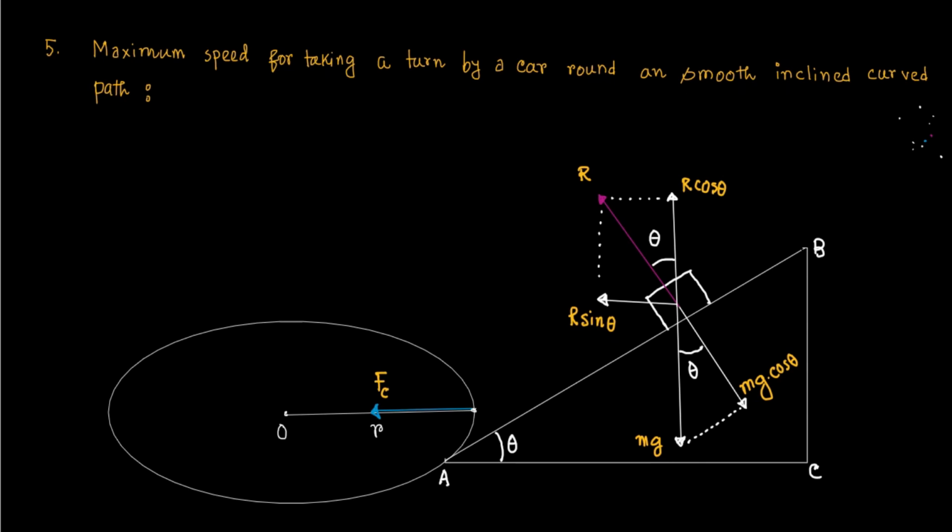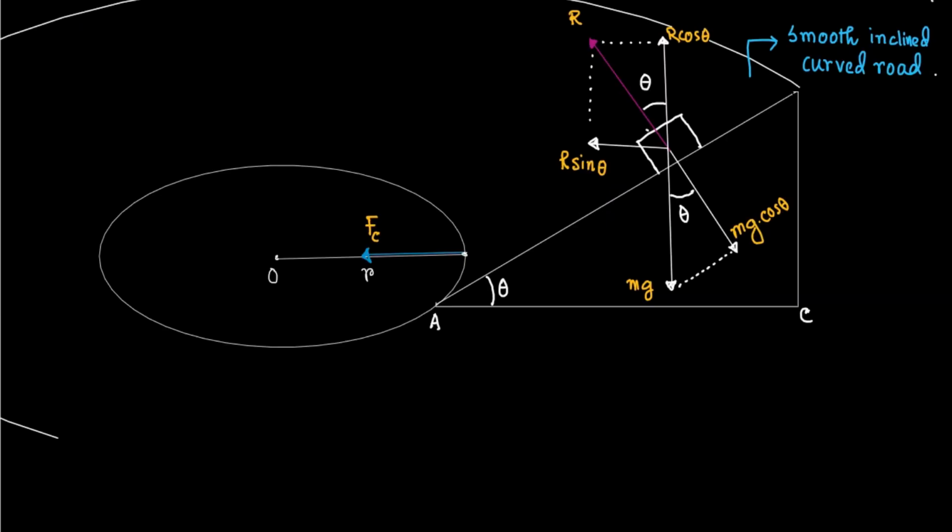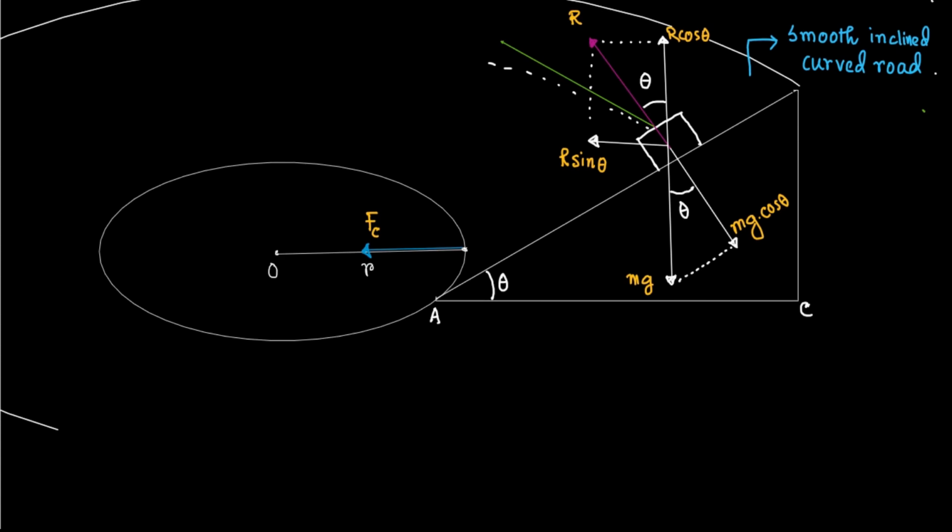Centripetal force Fc acts radially inwards along the radius, and in this case this is the smooth inclined curved path or curved road, and the car on this inclined road will be moving with a tangential velocity v along the tangent AT. The car will have the tangential velocity v.